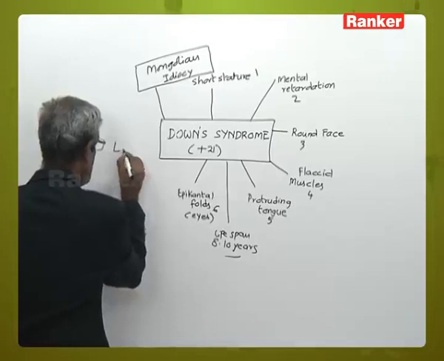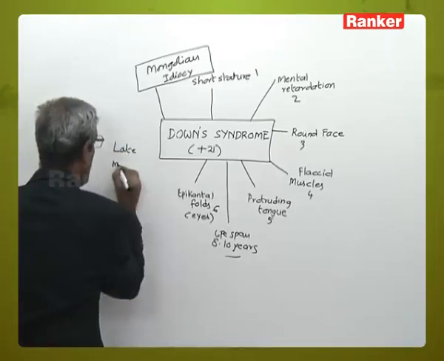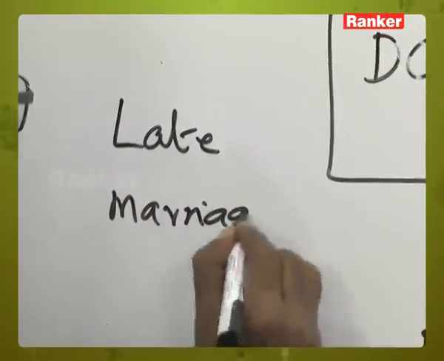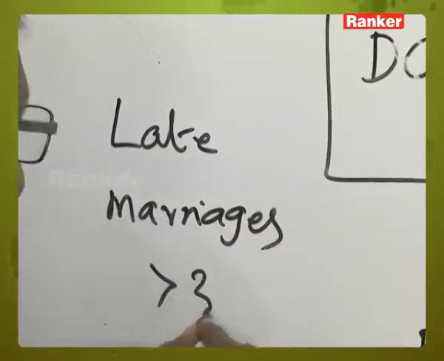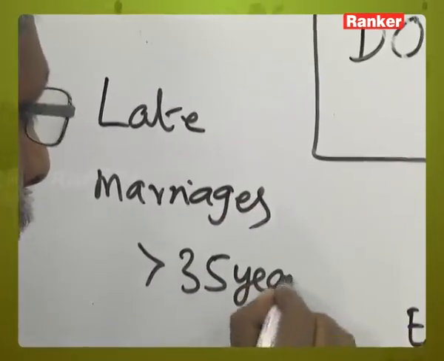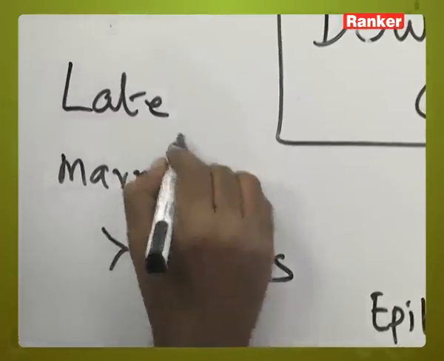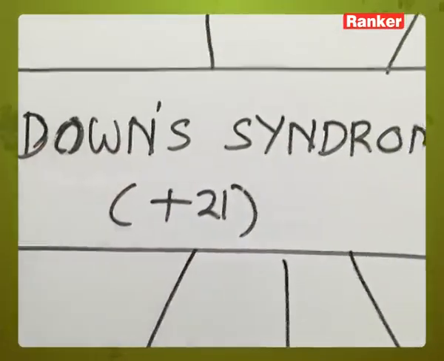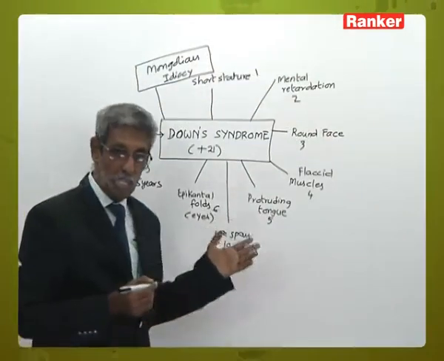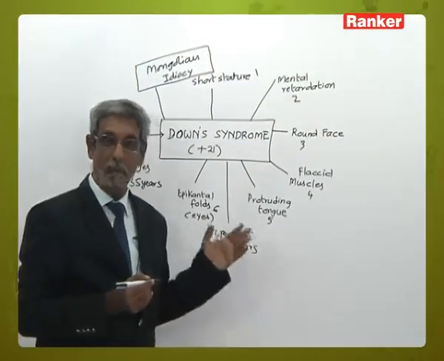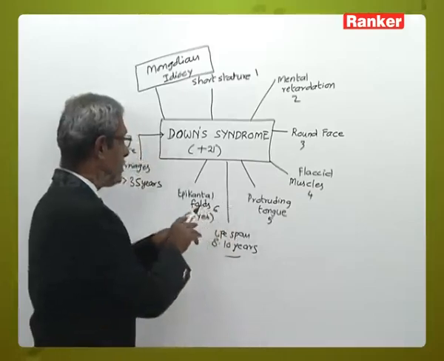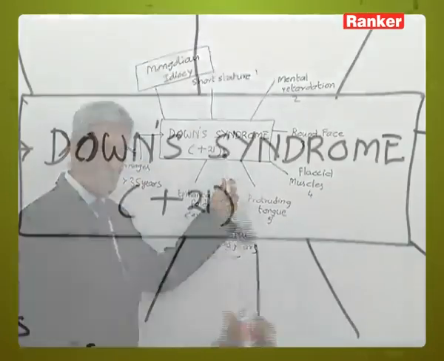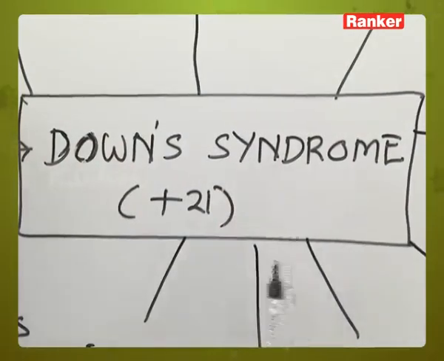So, in late marriages wherein the woman attains an age of greater than 35 years, there is a high probability that the child will inherit and show Down syndrome due to non-disjunction of chromosome number 21. So, these are the human clinical genetic traits of Down syndrome.